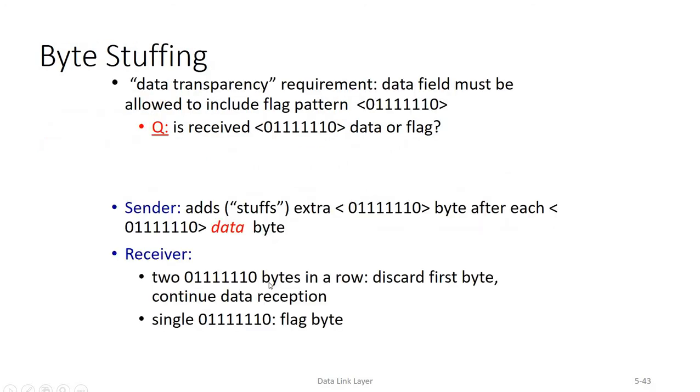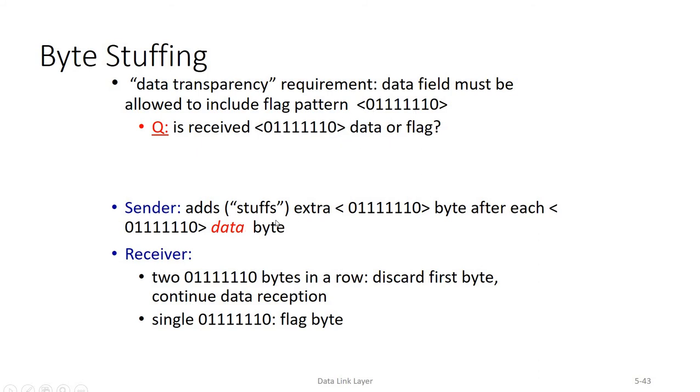As we can see here, for the data frame in PPP, we need to use something we call byte stuffing, to make sure that if the same sequence of data or bits appears inside the data, we stuff some flag. Because we have a flag for the beginning and the ending, what happens if the same sequence of bytes is found within the data?